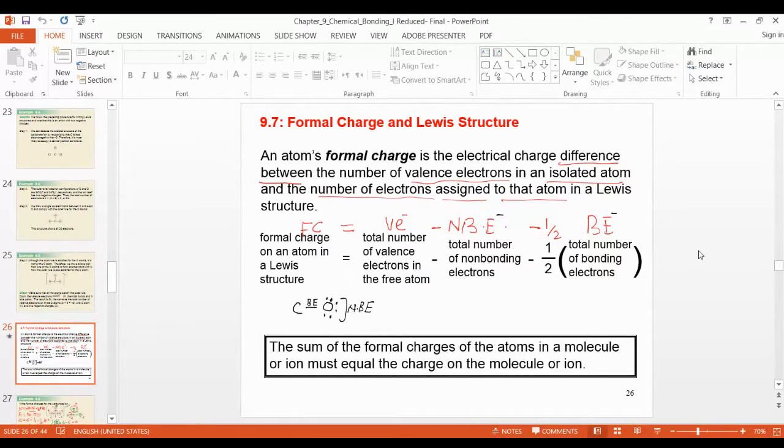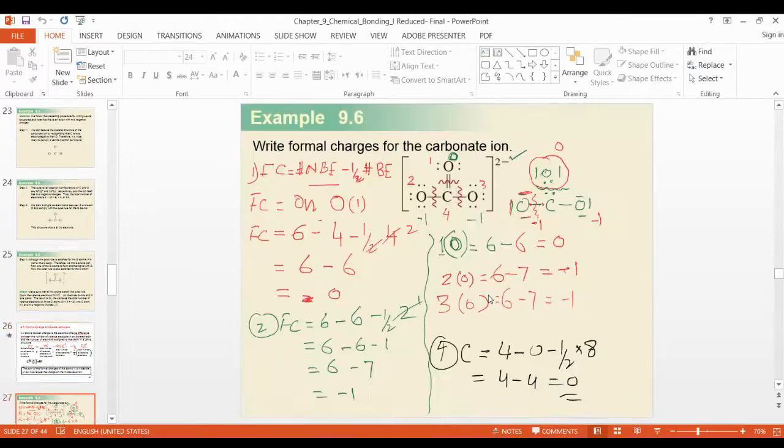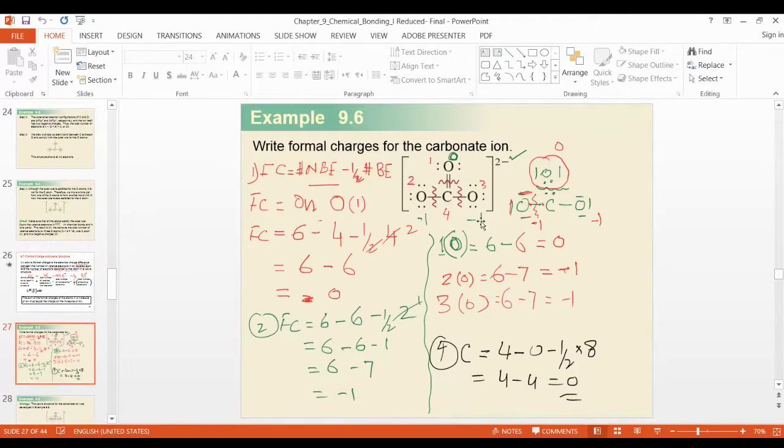I will solve this now. You should know this formula: formal charge is valence electrons minus non-bonding electrons minus half the bonding electrons. Now take an example here.